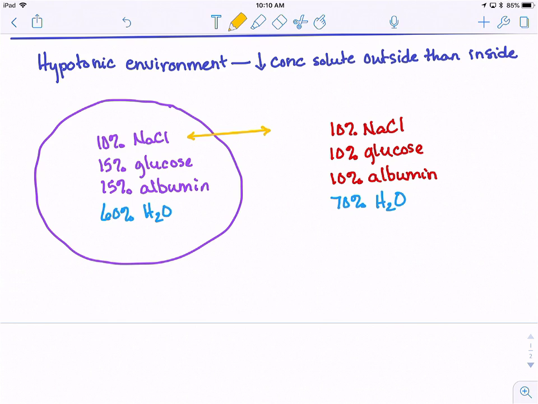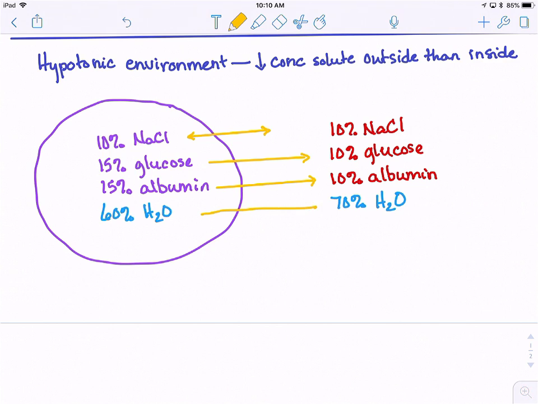So I'm going to do a double-sided arrow to show it's staying the same concentration, but the molecules still are moving. What about glucose? In, out, or stay the same? What about albumin? Okay, so good diffusion going on there. What about water?